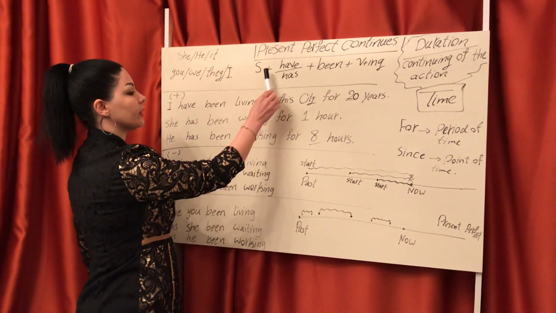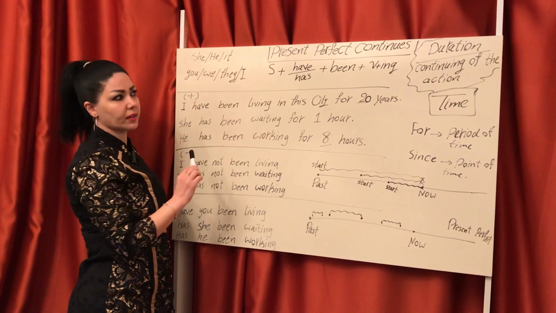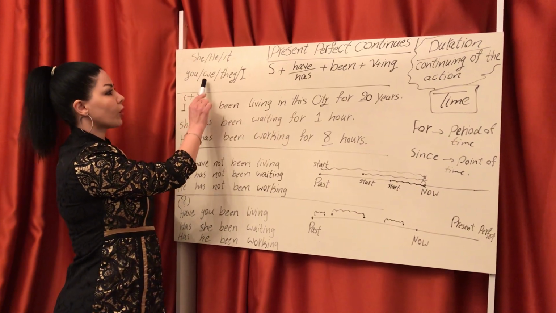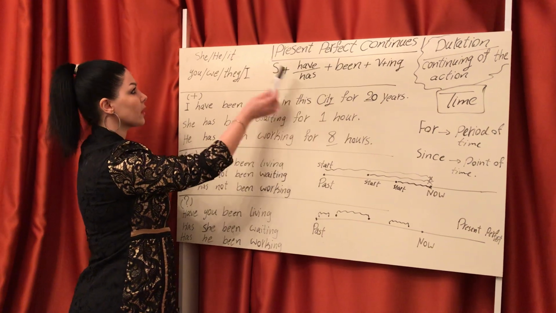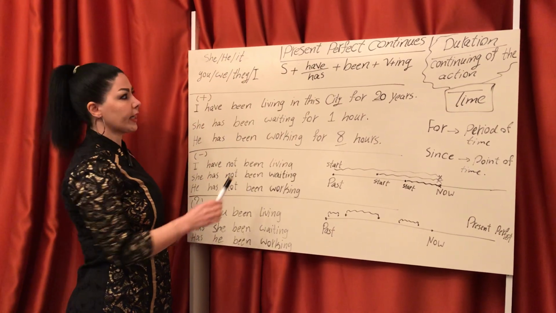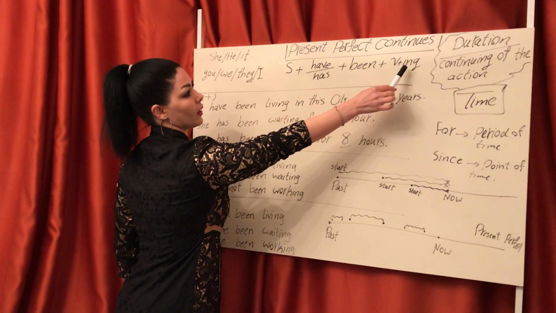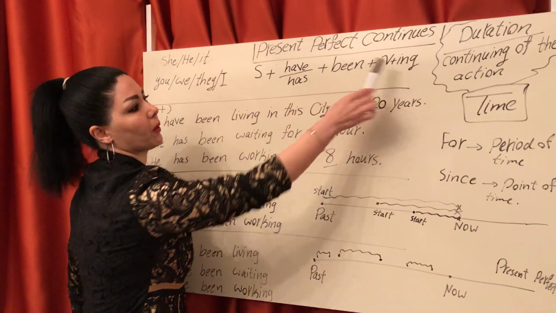So, depending on have or has, we use subject. For have: you, we, they, I. Has for she, he, it. Okay? For example, she has been blah blah. You have been blah blah blah.